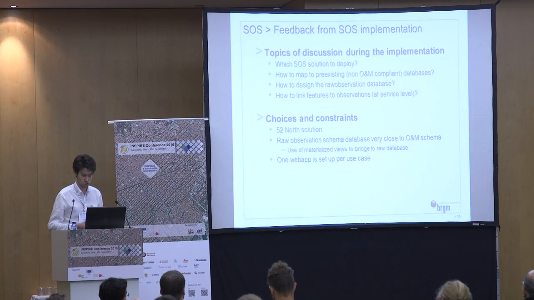So we chose to use the 52°North solution. At the moment, we have a raw observation database schema which is very close to the O&M schema, which is actually a constraint. We use materialized views to bridge to our raw database. And we also have one web app set up per use case.